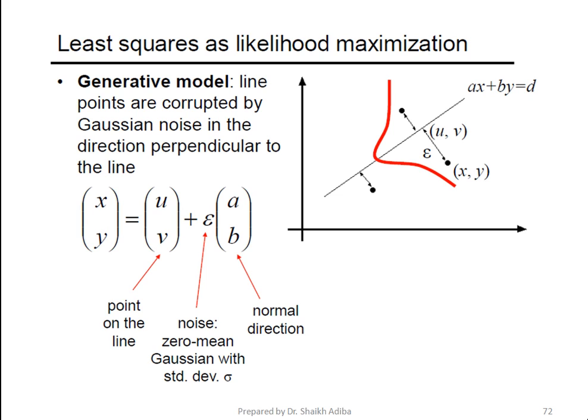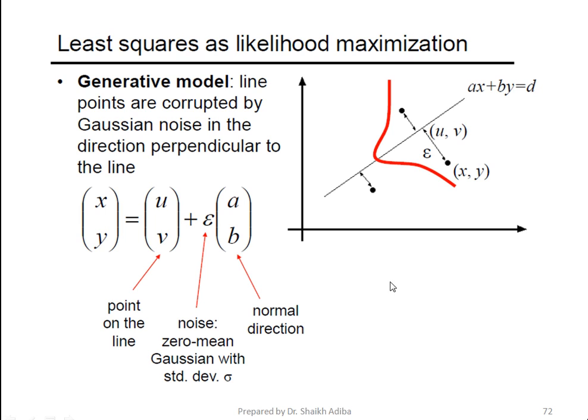Now, least square as likelihood maximization. This least square method plays an important role as it maximizes the likelihood estimation. We can have a generative model where line points are corrupted by Gaussian noise.